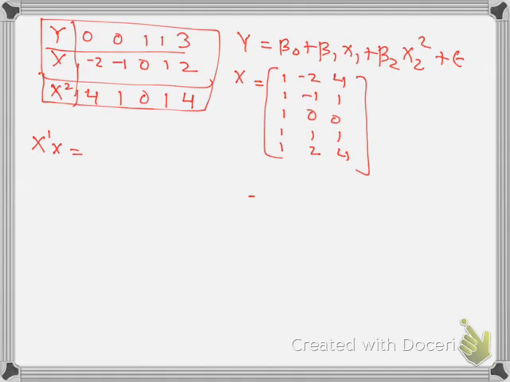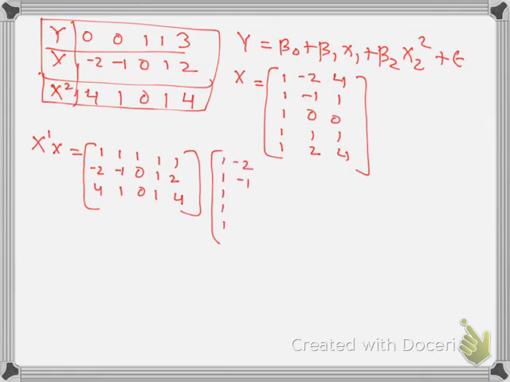So it's 1 1 1 1 1, -2 -1 0 1 2, 4 1 0 1 4. That's x transpose, and then I'm going to write my x: 1 1 1 1 1, -2 -1 0 1 2, 4 1 0 1 4.